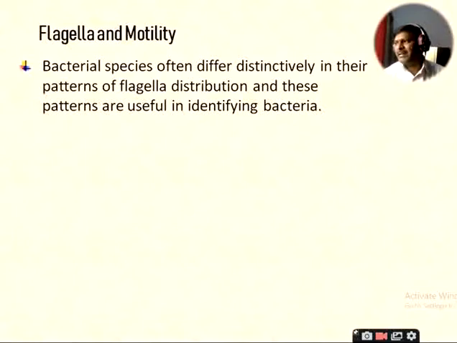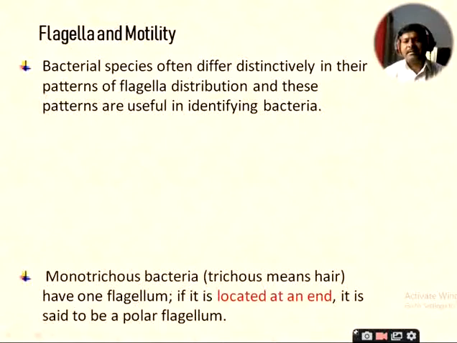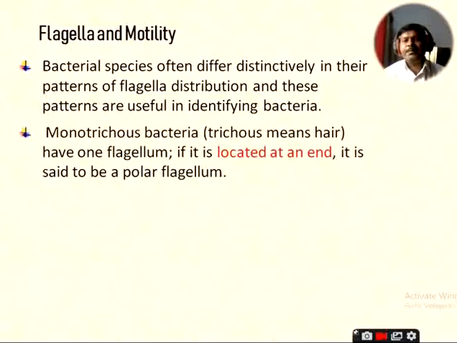Sometimes flagella are present on the surface, sometimes on the polar regions, sometimes there is one, and sometimes more than two. Based upon that, the types of flagella are classified, and the first type is the monotrichous bacteria.